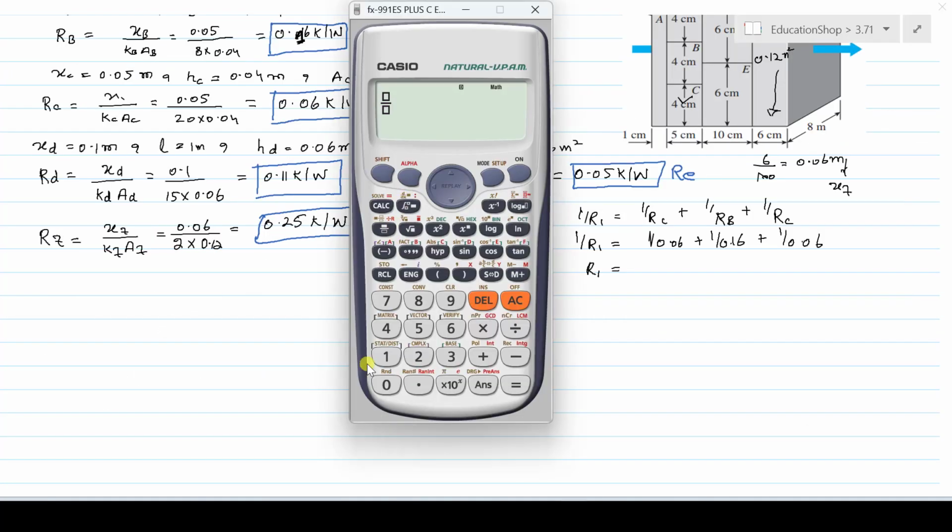Press this button. So here is 1. How will you write that? Press this alpha button and then press these buttons. You will see X, which represents R1. Now how will you display the equals on the calculator? Just again press this alpha button and then press this calc button. Now just simply put in the values, 1 divided by the terms.